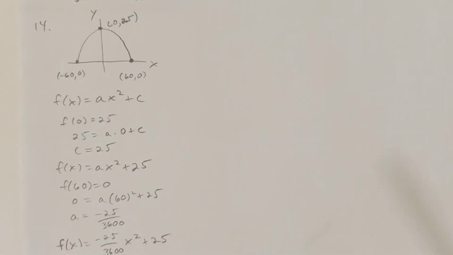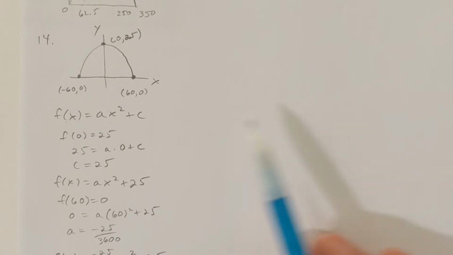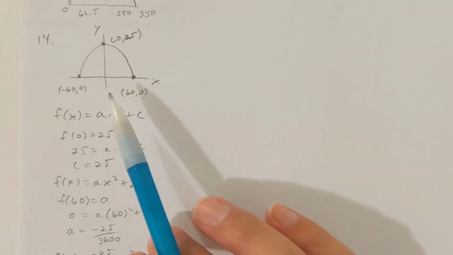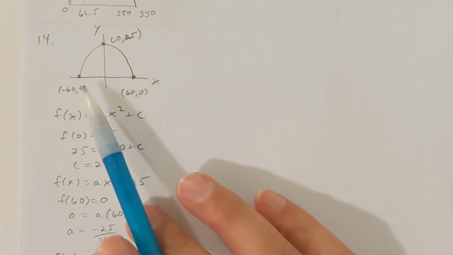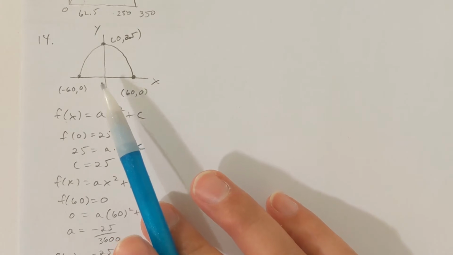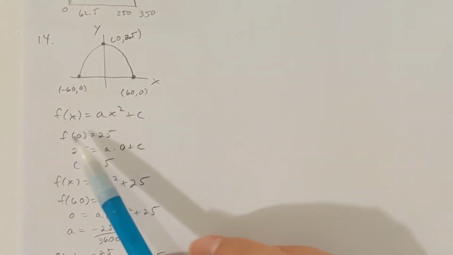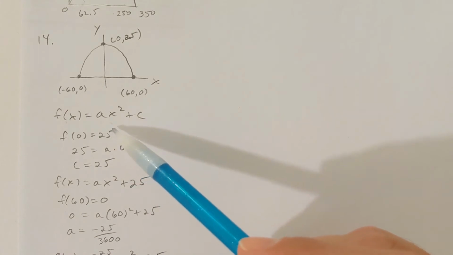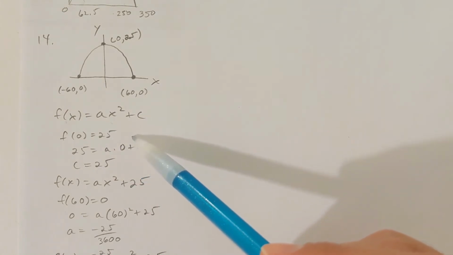Okay, so I've drawn a graph of the arch. It's got a span of 120 feet and a height of 25 feet. The function that we're going to want here, f of x, is equal to ax squared plus c.